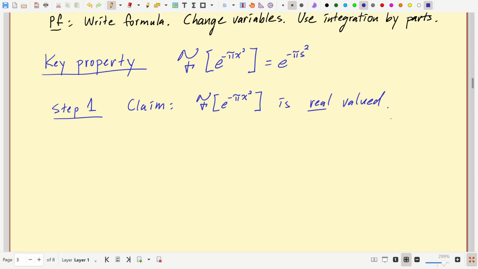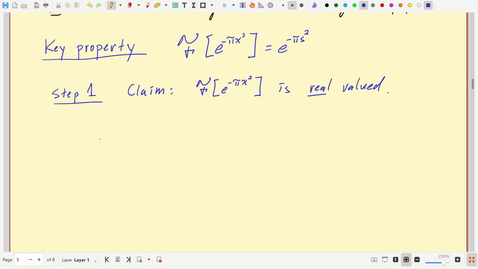Let's see, why is that? Because, let's see, the integral from minus infinity to infinity of e to the minus pi x squared, and then here I would have e to the minus 2 pi i sx dx.